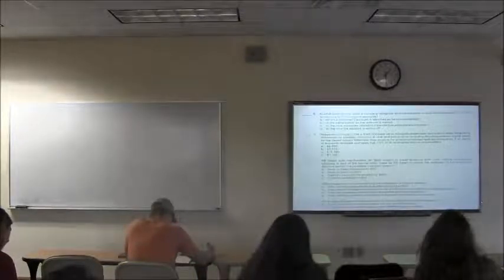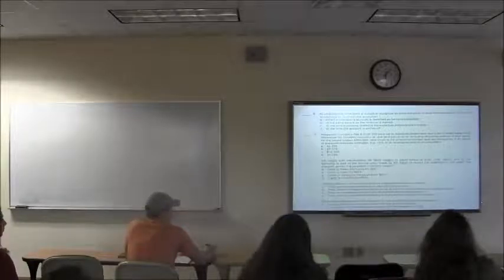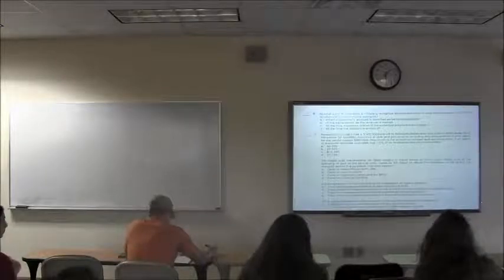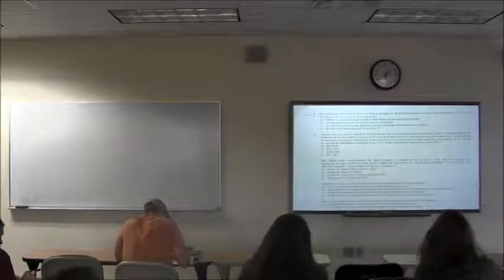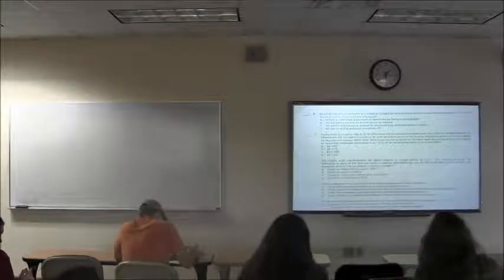You've got C. At the time the account is written off. You've got D. Okay, it's not when we do the write-off, no. The answer is B: in the same period as the revenue is earned.